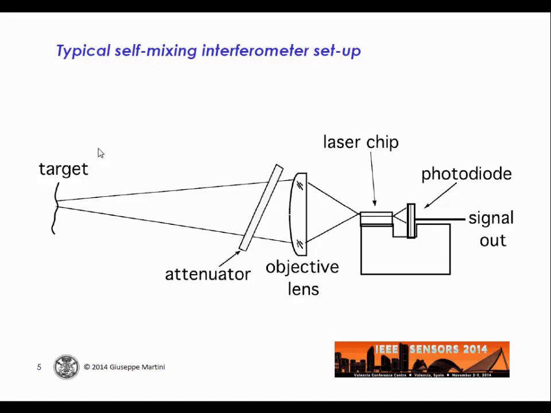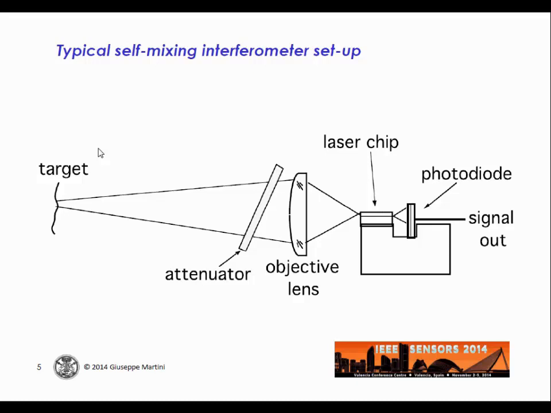I don't enter into details of self-mixing interferometry since it has been treated by other speakers before. And the signal can be, for example, detected from the laser's internal power monitor photodiode.